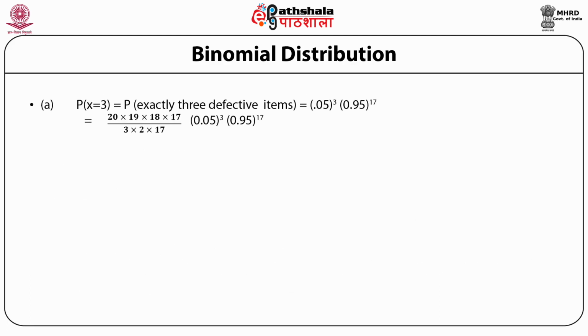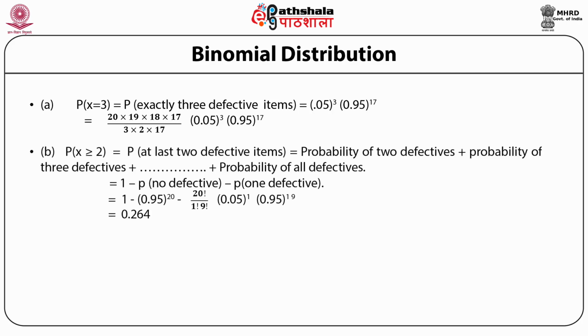Number 1, probability if x takes exactly 3, that is exactly 3 defective items. So nCr p raised to power r, q raised to power n minus r. Second, probability x takes greater than or equal to 2, that is at least 2 defective items, that means 2 or more than that.